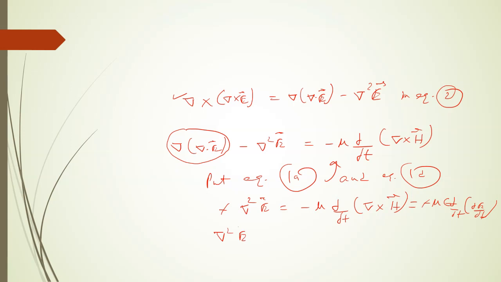Now del square E equals mu epsilon curly square E by curly T square. This is the wave equation in terms of electric field intensity E.